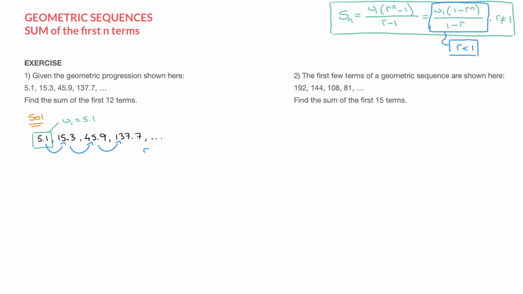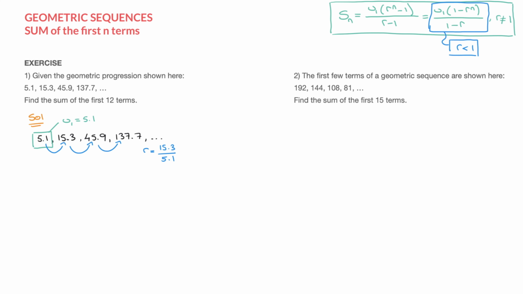So for instance, we could say that r is equal to 137.7 divided by 45.9. Or we could say that it's equal to 45.9 divided by 15.3. And last but not least, we could say that r is equal to 15.3 divided by 5.1. And in fact, I'll go ahead and write that r is equal to 15.3 divided by 5.1.